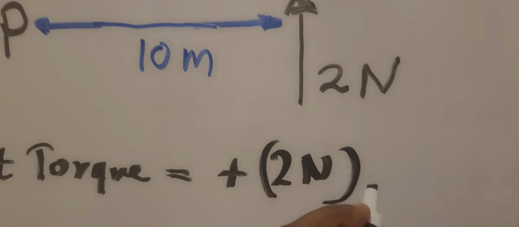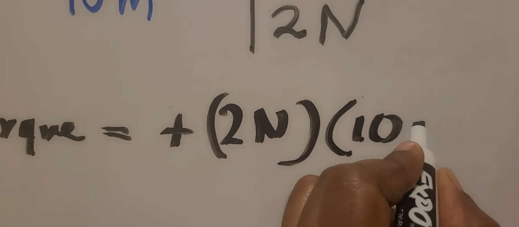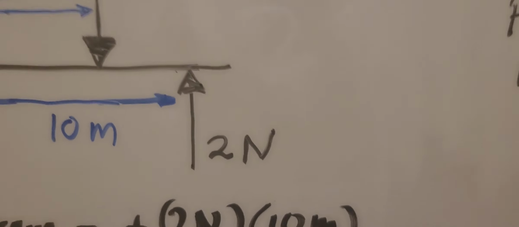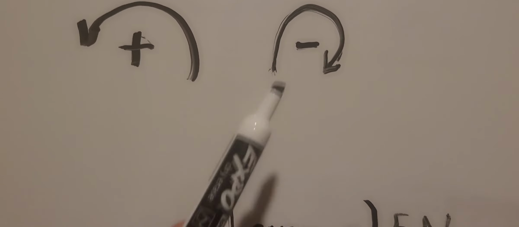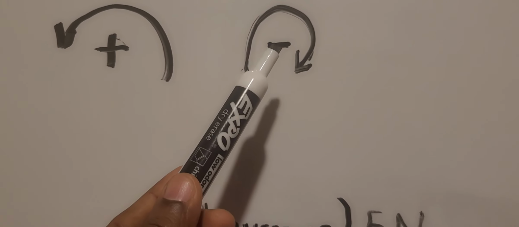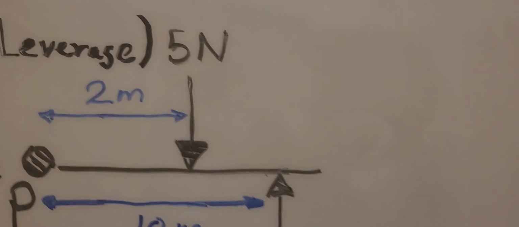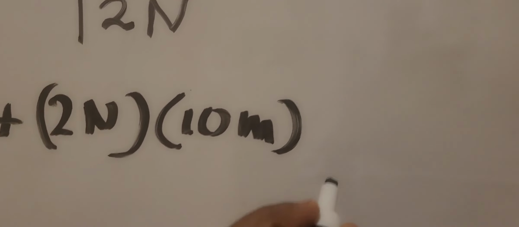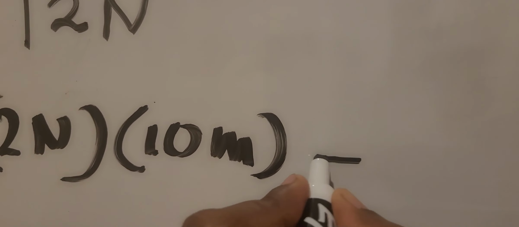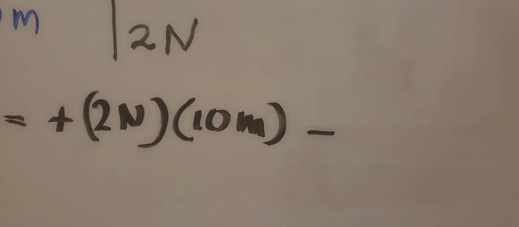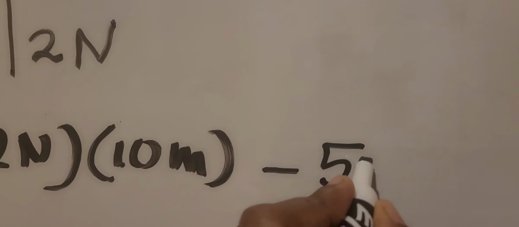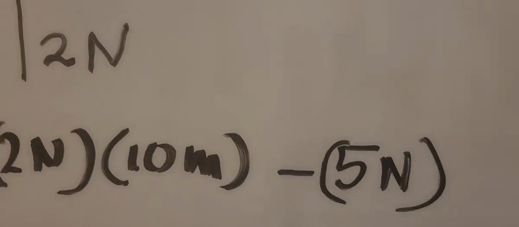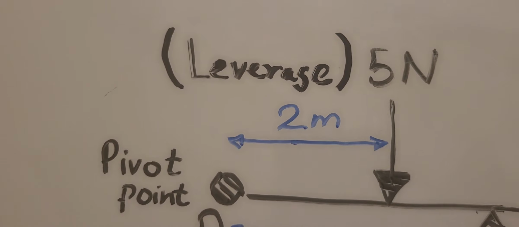Look, that's 10 meters. And then the next one, 5 newtons, I told you that's going to create a negative, clockwise torque. So I need to put a negative sign here, and that's going to be 5 newtons times the leverage there, that's 2 meters.